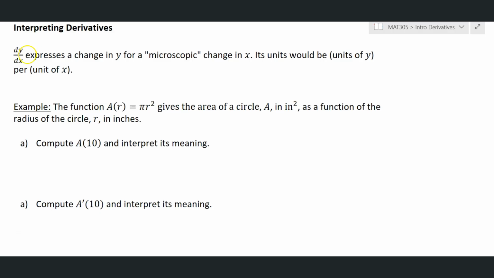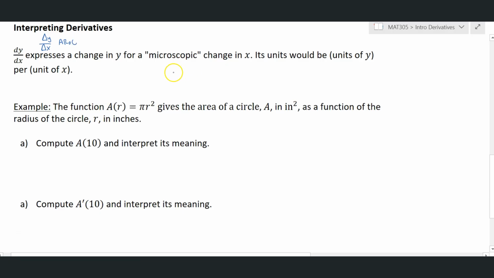So to understand the units of dy dx, remember that this expresses a change in y divided by a change in x. And the reason we use dy and dx instead of what we have seen in an algebra class, delta y and delta x, is that this is an average rate of change, but the derivative is instantaneous.